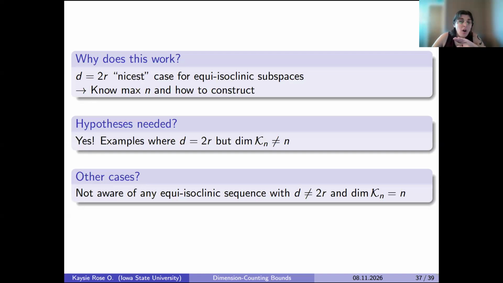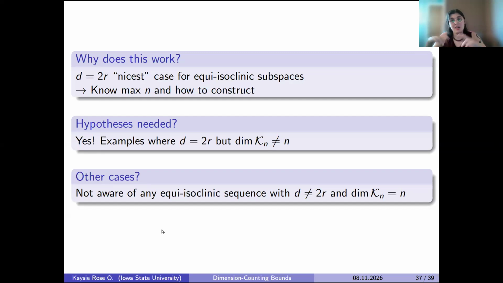That is the case where we always know the maximum n, and we always know how to construct it with this row space tensor shenanigans. Those hypotheses we just saw, you do actually need them. There are examples where D is 2R, but the dimension of Kn is not n. So it's not good enough just to satisfy D equals 2R.